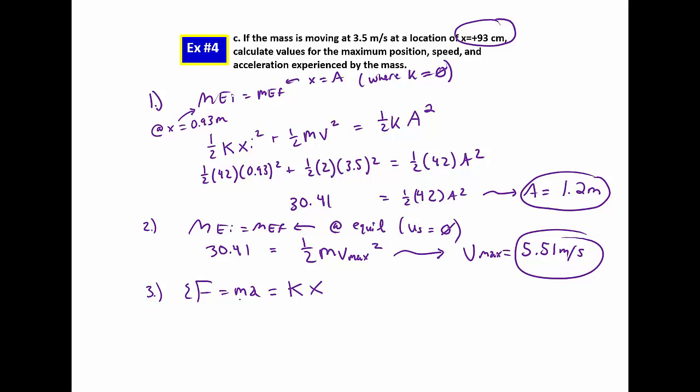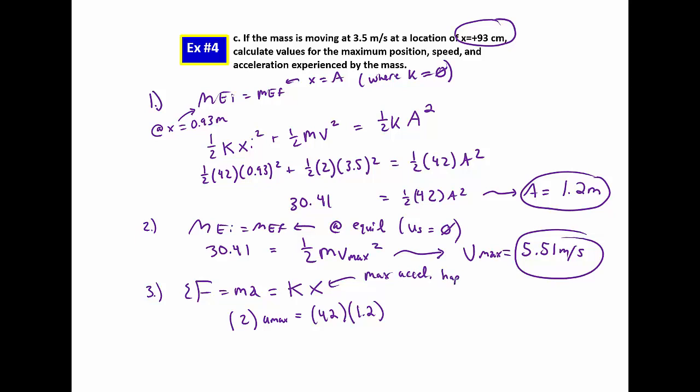And so when I plug in my mass, which was 2 kilograms, times the maximum acceleration I'm looking for, I know that it's going to be equal to that spring constant, 42, times the amplitude.